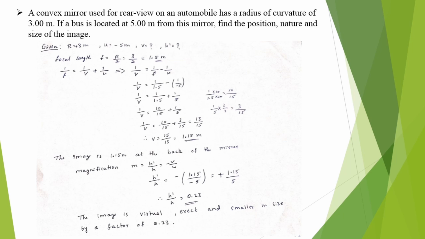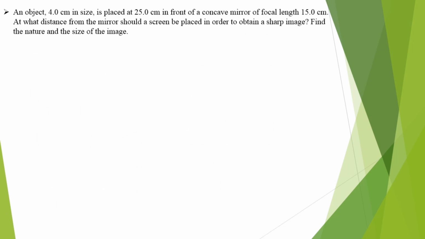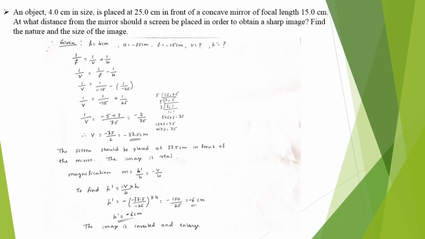Next problem, an object 4 cm in size is placed at 25 cm in front of a concave mirror of focal length 15 cm. At what distance from the mirror should a screen be placed in order to obtain sharp image?